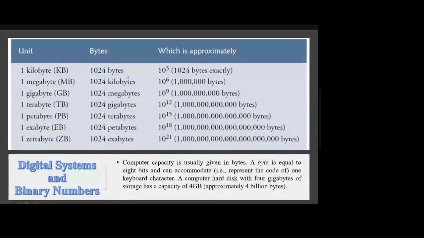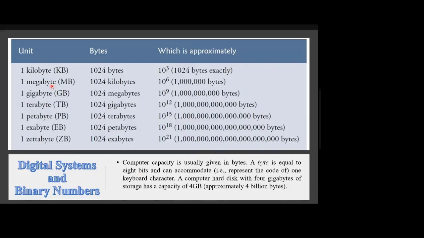But what about the byte? Please learn this matter. A byte is equal to 8 bits. 8 bits together make a byte. This is the difference between the bit and byte.